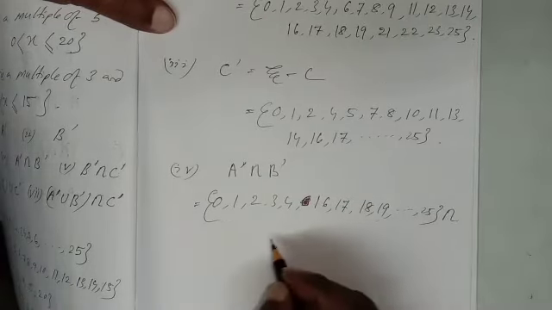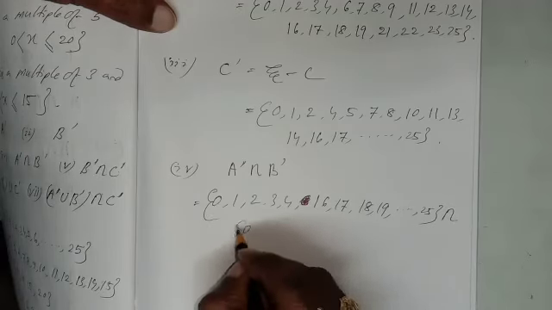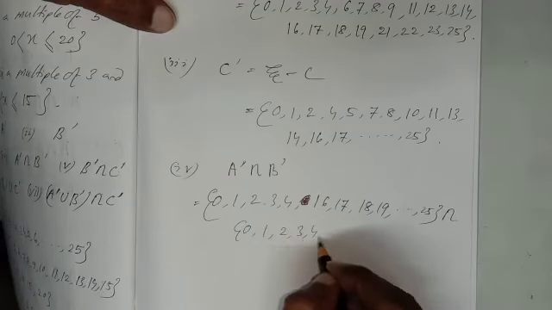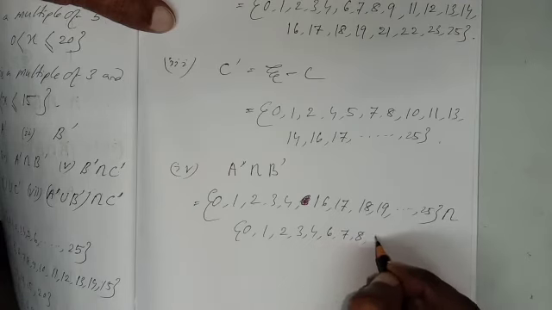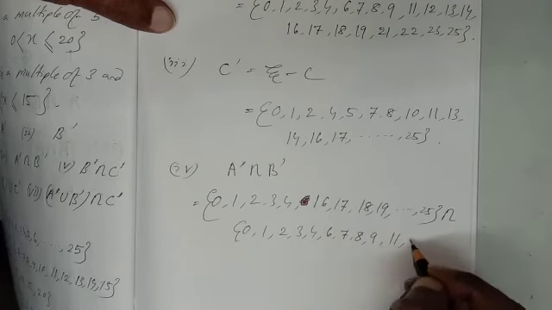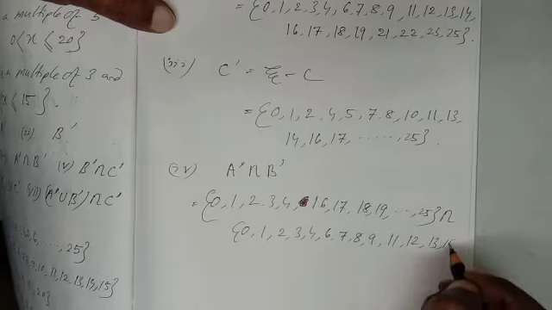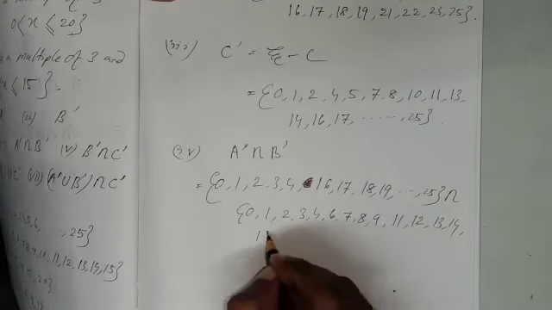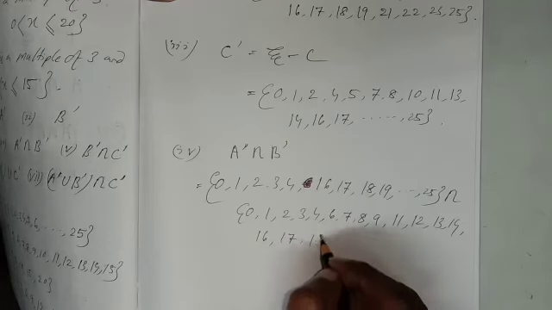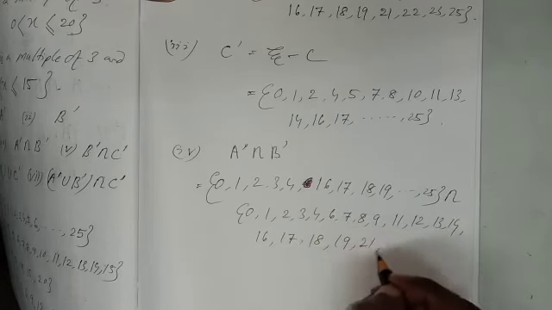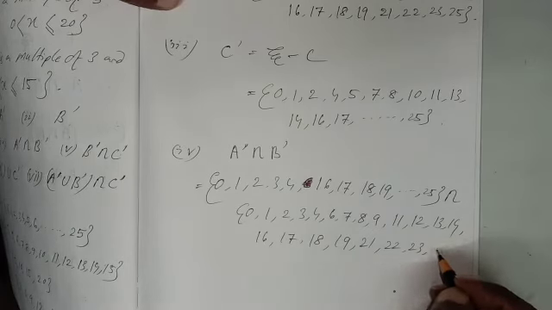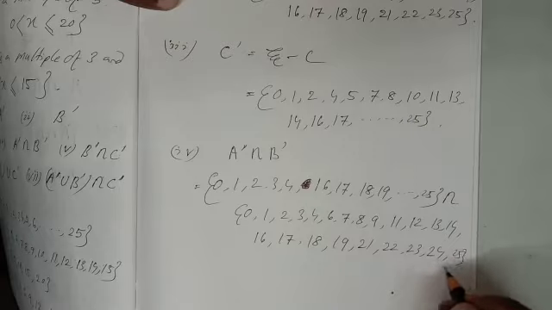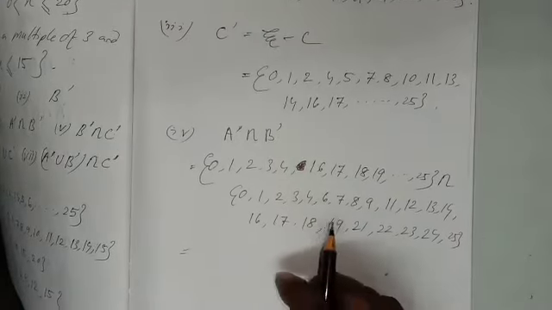Intersection B complement. B complement you got 0, 1, 2, 3, 4, then 6, 7, 8, 9, 11, 12, 13, 14, then 16, 17, 18, 19, 21, 22, 23, 24, 25. So what is common between these two sets that you have to see?